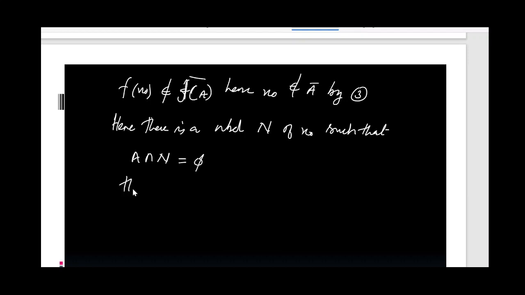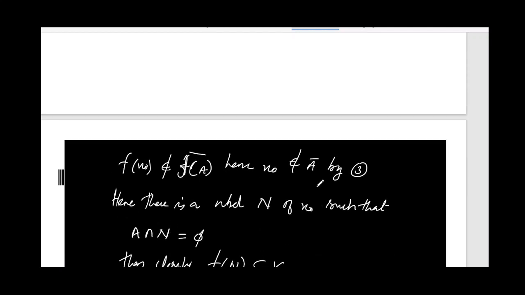Then clearly, f of N is contained in V because it's having intersection as empty.